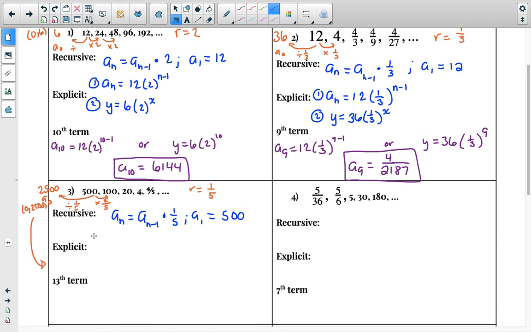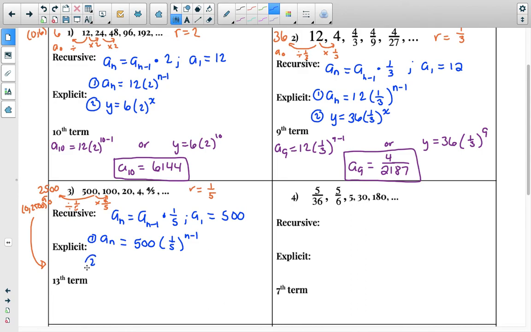Our first explicit is using the a sub n equals our starting value of 500 times our 1/5 raised to the n minus 1. So again, we still need the a sub n, we still need the a sub 1, and we still need the n minus 1 in both recursive and explicit.